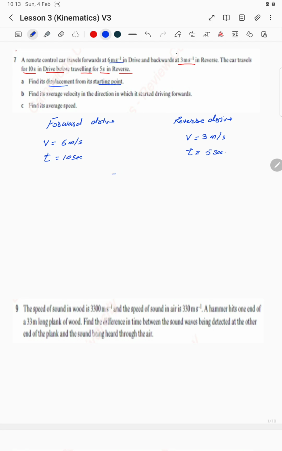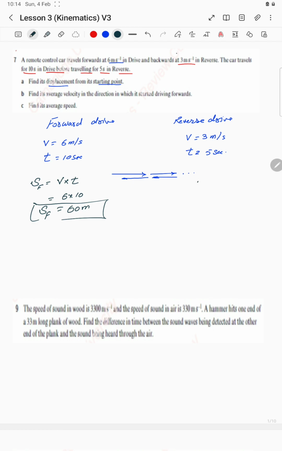Because the car drives forward and reverse, and the process is continued, we have to find out how much distance it travels for the given data. So for forward drive, S is equal to v times t, the simple relation, that is 6 times 10, which means 60 meters for the forward drive at a speed of 6 meters per second for 10 seconds.